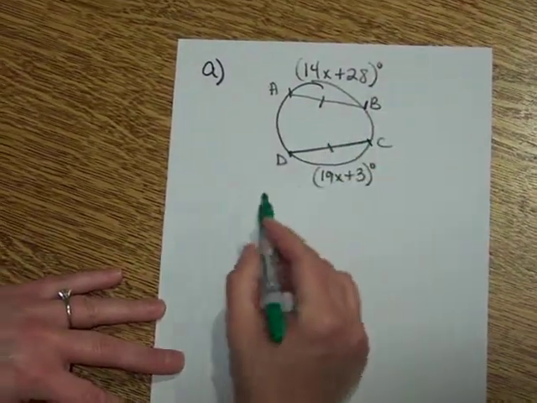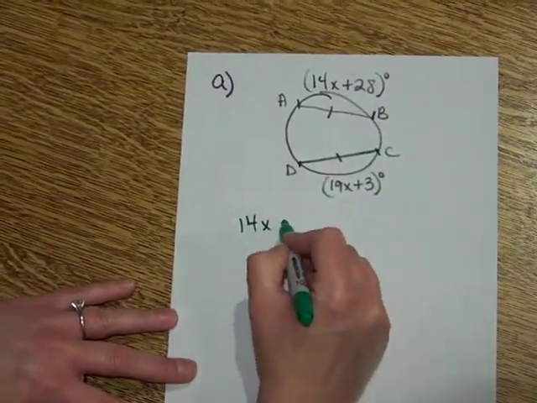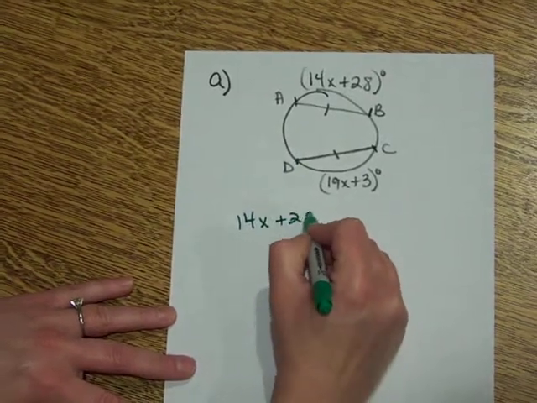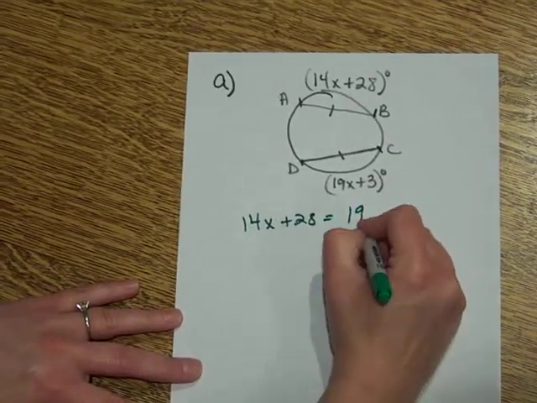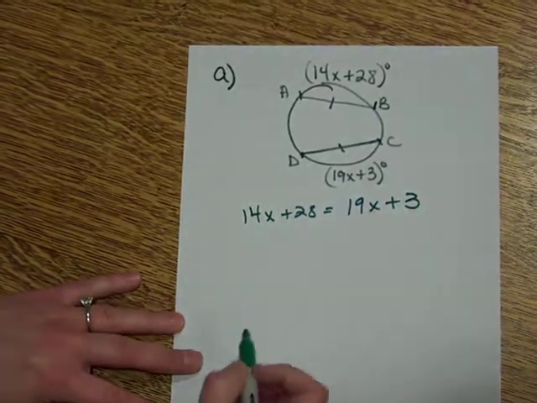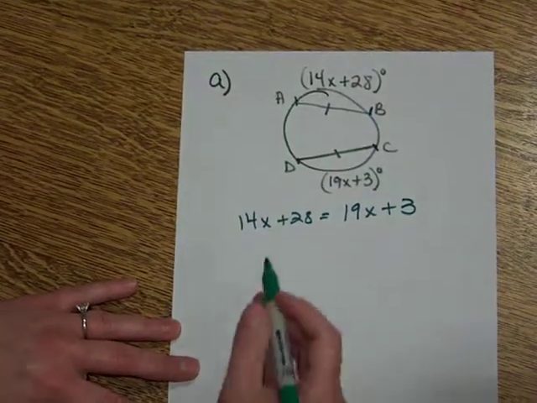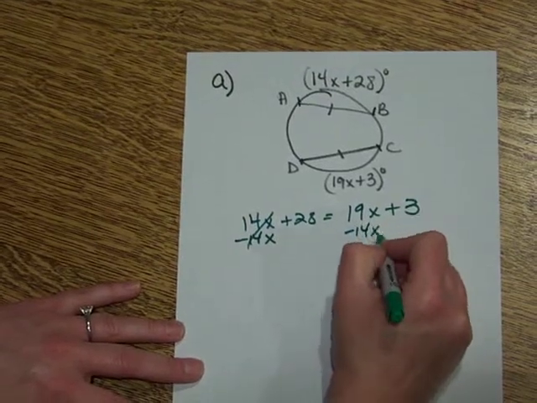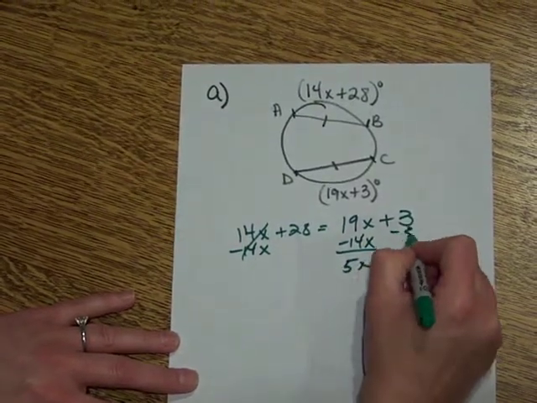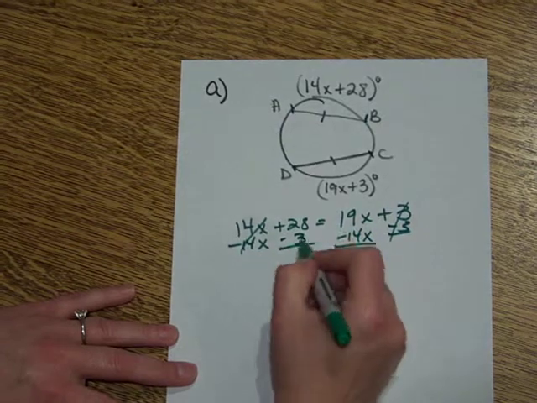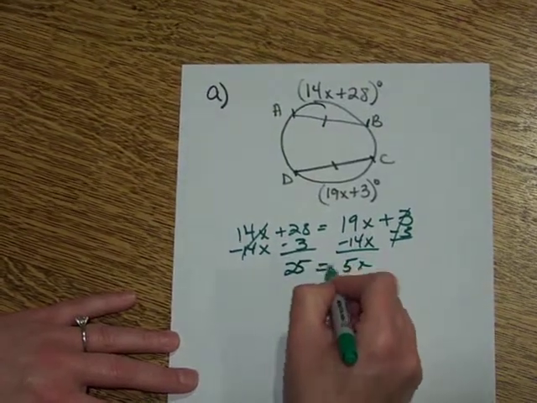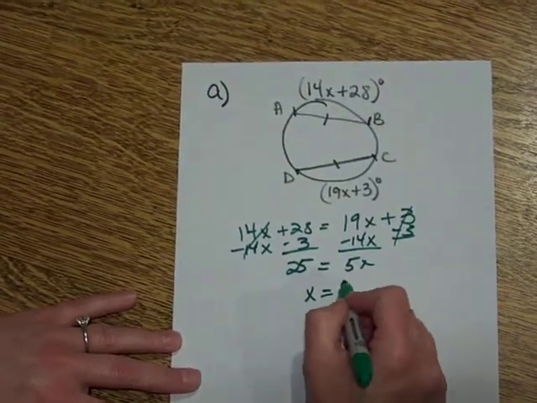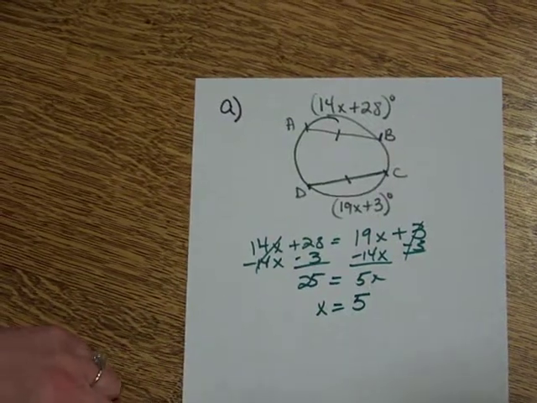So I simply need to set these two equal to each other. 14x plus 28 equals 19x plus 3. I'm then going to do basic algebra, solving for x. x equals 5.